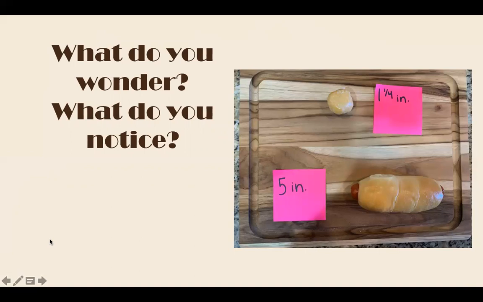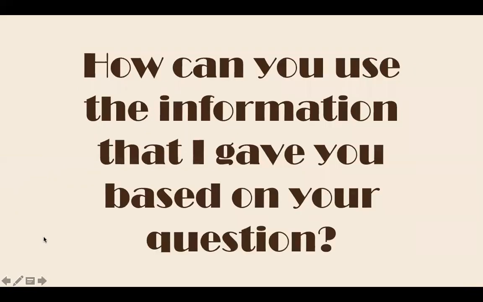So when the students are asked what they wonder and what they notice, they should be making connections between measurements, and if they can come to the conclusion of asking how many donut holes equal the length of one kolache, they will start to ask questions about the length of each individual donut. So you're going to want to ask the students how they can use the information to answer the question that they arrived at.